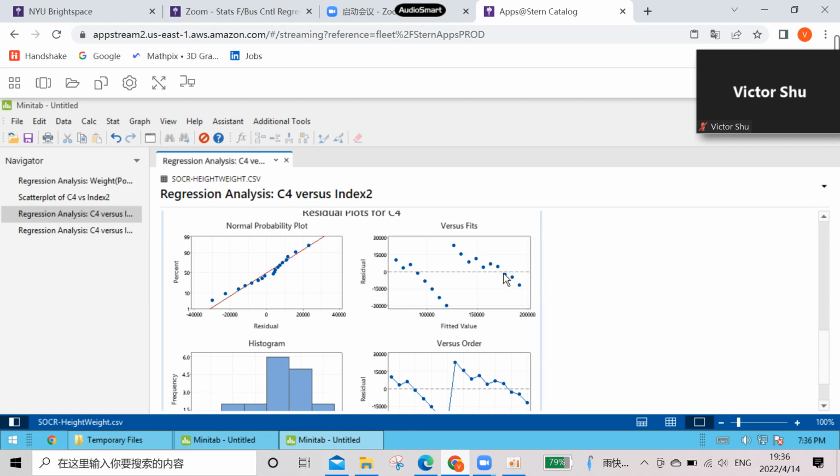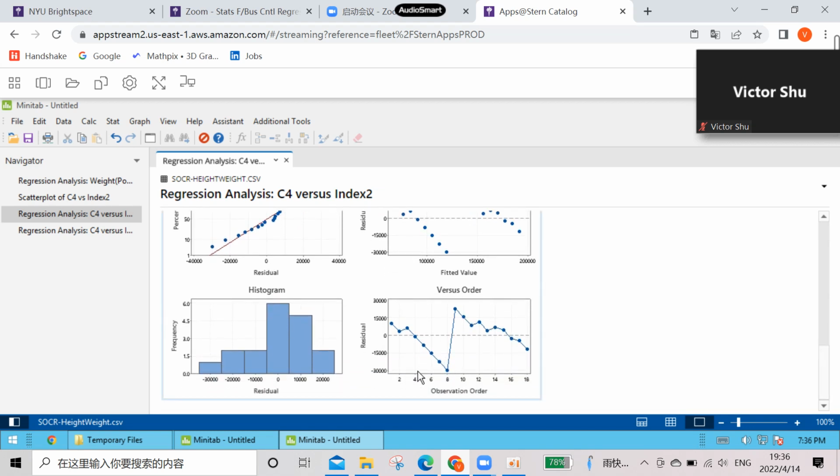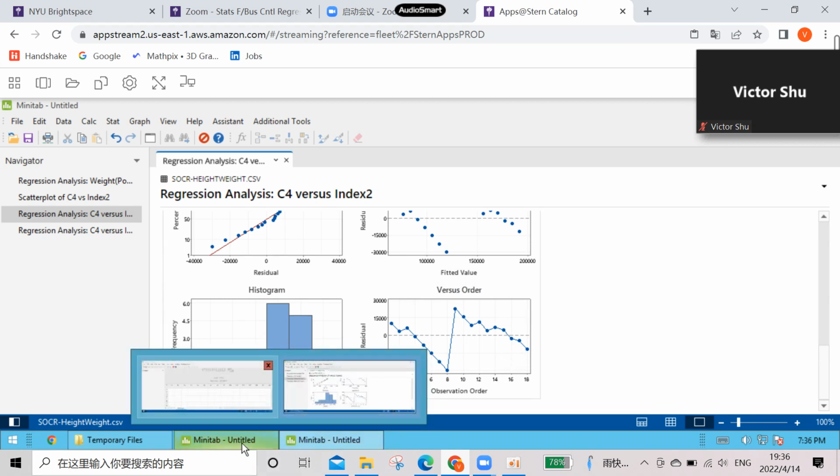As I said, the best result is when those residuals are unpatterned, like chaotic, and that means the simple linear regression is perhaps an adequate model. In the residual versus observation order, again, my first 3 observations have positive residuals and then negative, a jump, 7 consecutive positive residuals, followed by 3 negative residuals. This is not a good result.